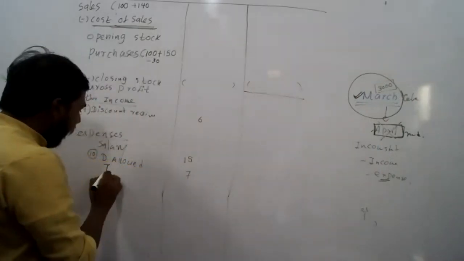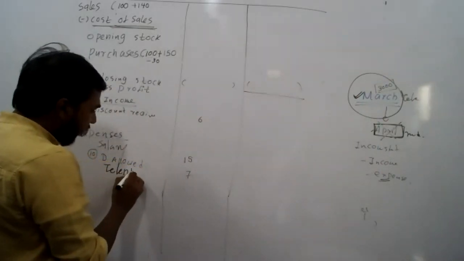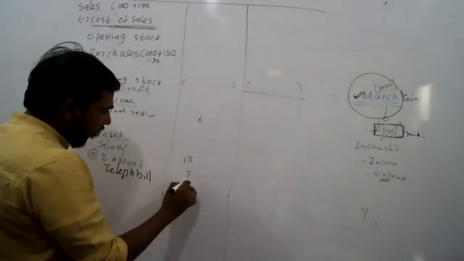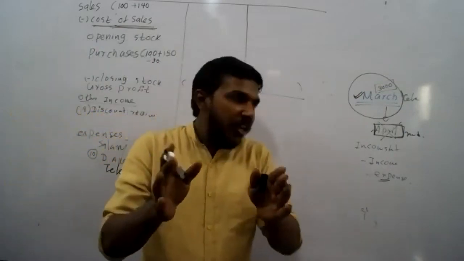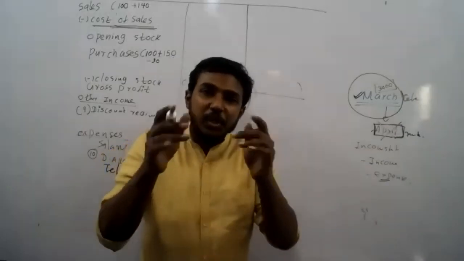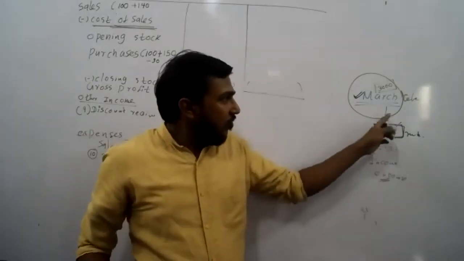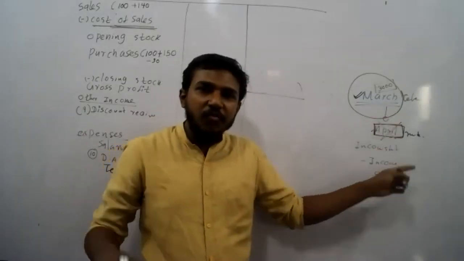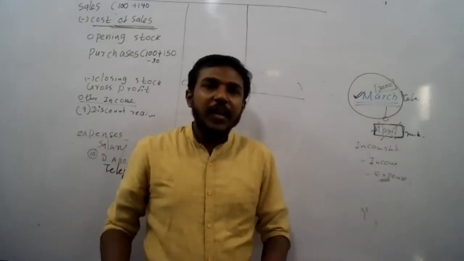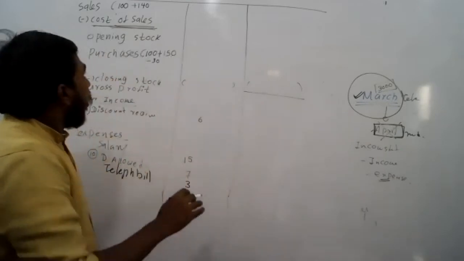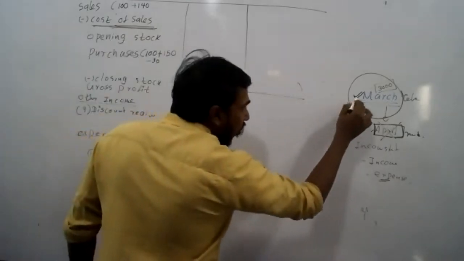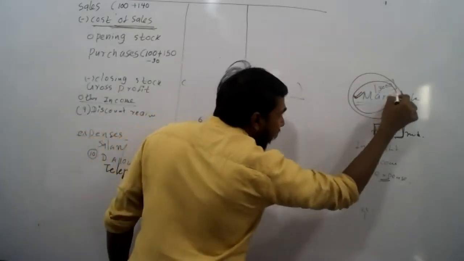Then the telephone bill comes for the month of March. Is it clear? So in accounting, we don't care. Otherwise, this is a mismatch. Why? If you take this telephone bill for the month of April, that means April income statement has March information. No. March income statement should have March information.